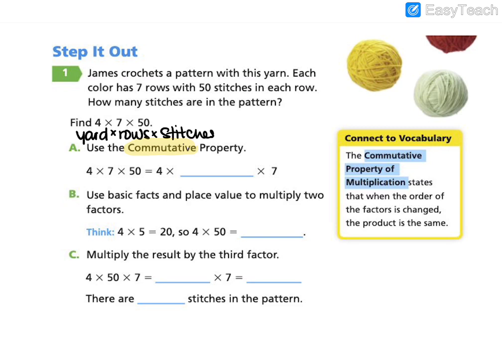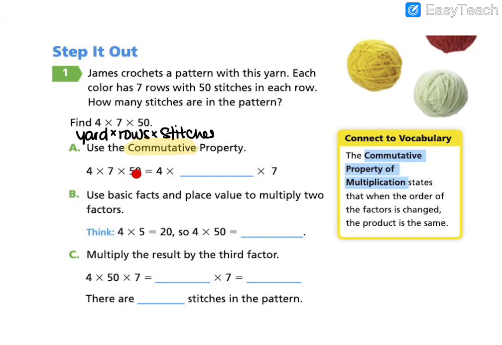If you're having trouble remembering, what is the commutative property? The commutative property of multiplication states that when the order of the factors is changed, the product is the same. So if we look at these numbers here, 4 times 7 times 50, well, we can probably do 4 times 7 in our head, but can we do that product times 50 in our head?